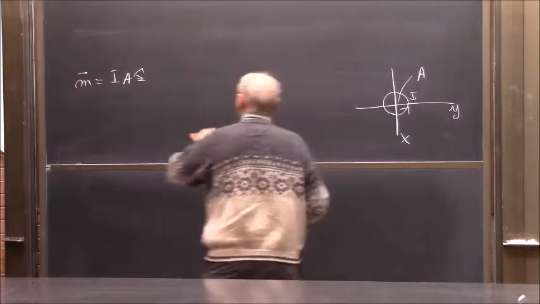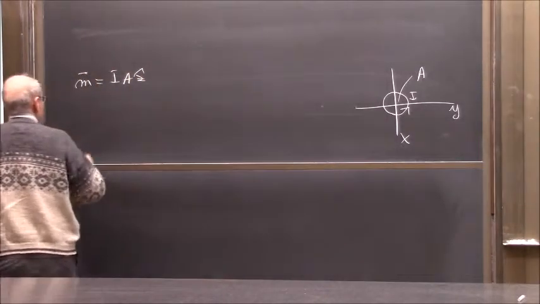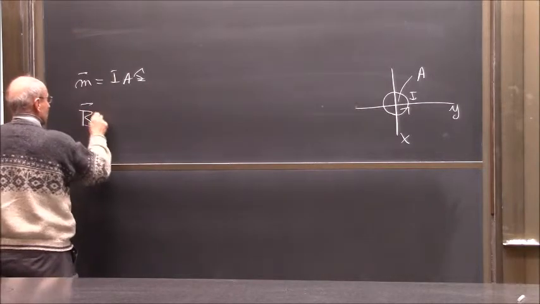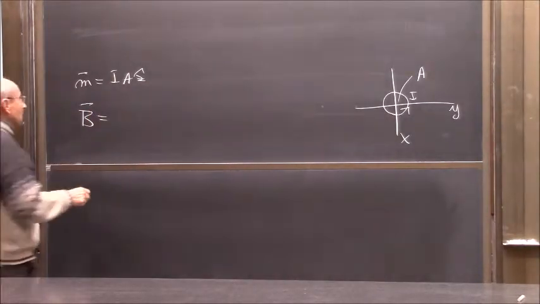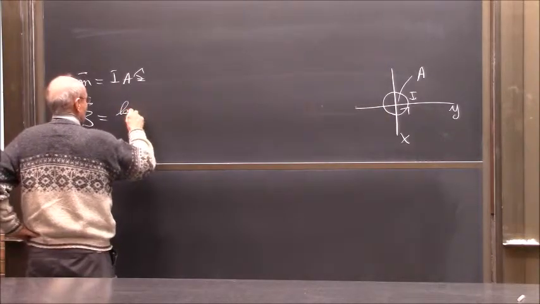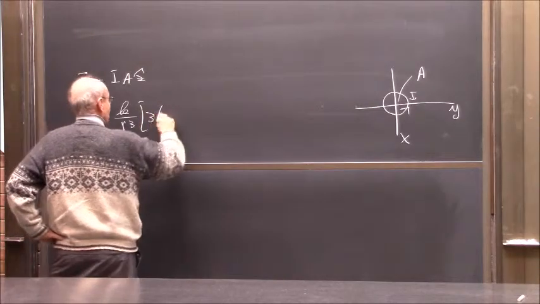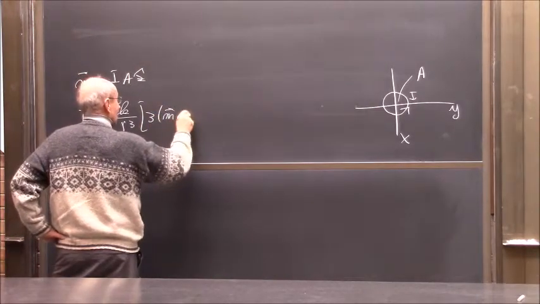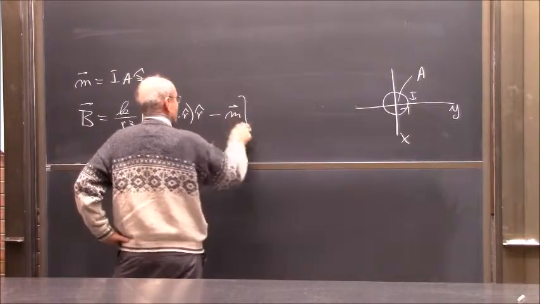The magnetic field this little current loop would produce was given by exactly what we had when we calculated it for a dipole, namely k over r cubed times 3 m dot r hat minus m.